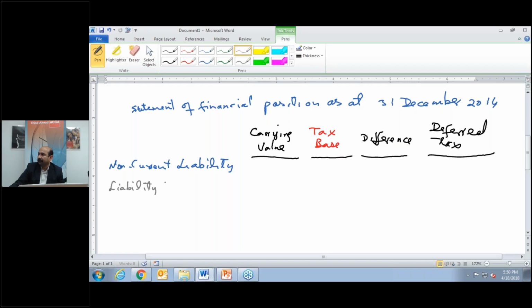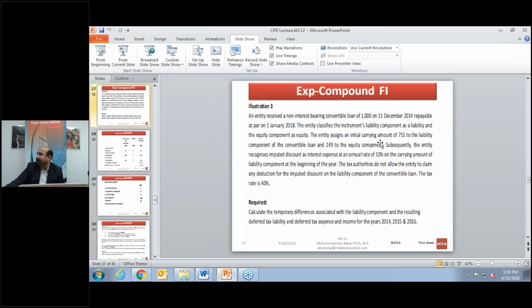And if we just go back, here it is, liability component 751, and this was issued on 31st December 2014, at the year end, and we are at the year end.